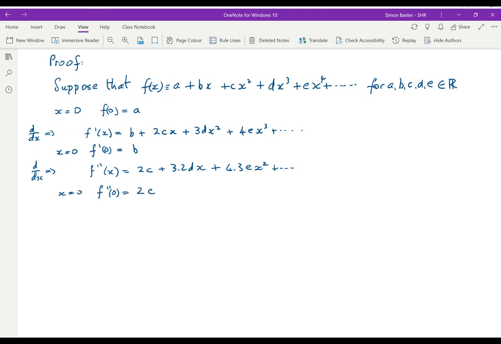Everything else is 0. C, therefore, is equal to 1 over 2 f''(0).